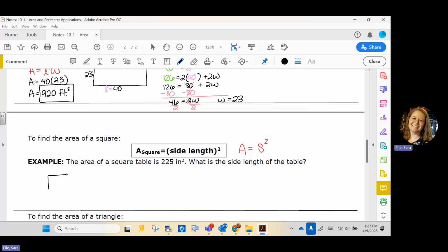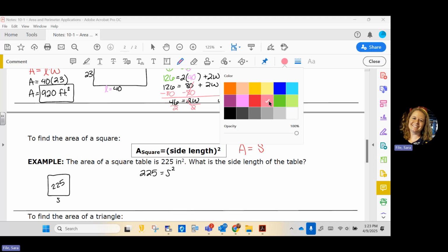Okay, so I'm going to sketch my square. The area is 225. That's the space in the middle. I want to know what's this side length around the outside. Okay, and so I'm going to plug in 225 for A, and I don't know S. Now to get rid of a square, just like we did this past unit, you should have done this on the test yesterday when we were doing Pythagorean theorem and we had A squared, B squared, and C squared.